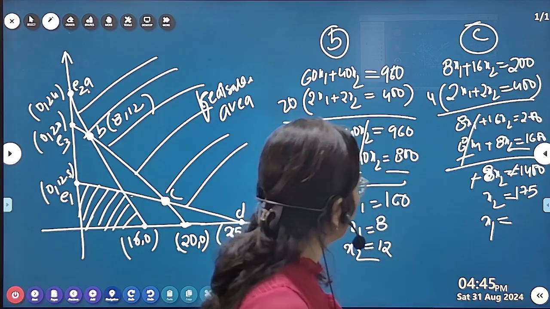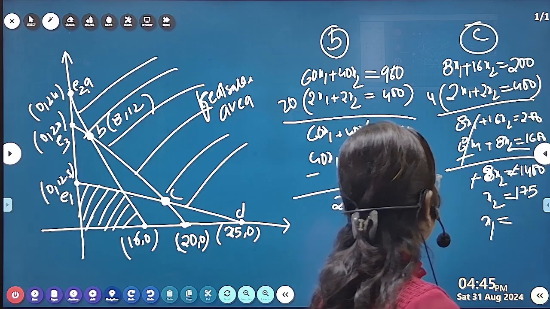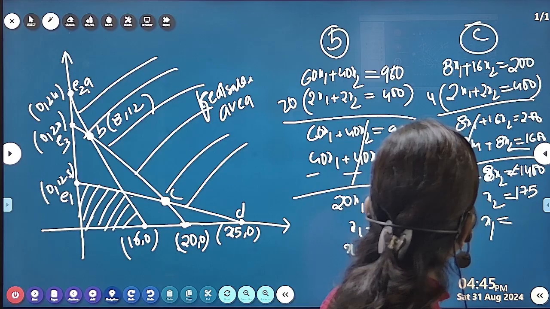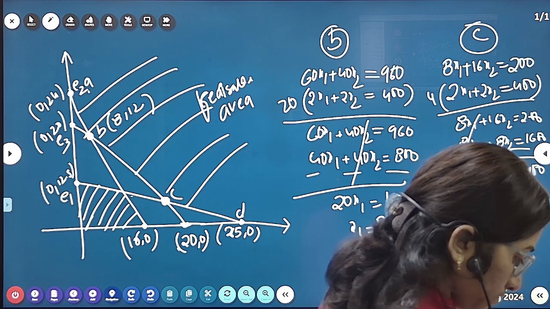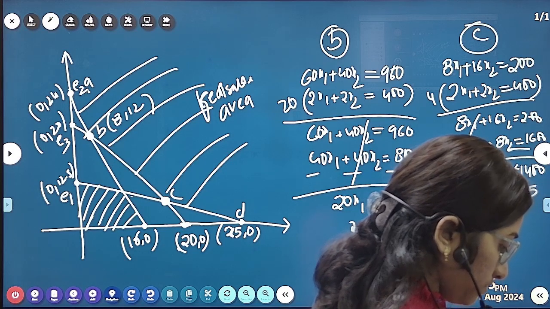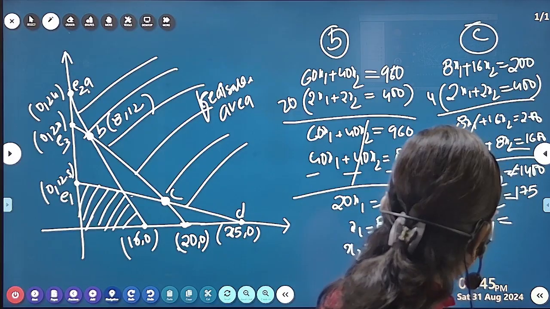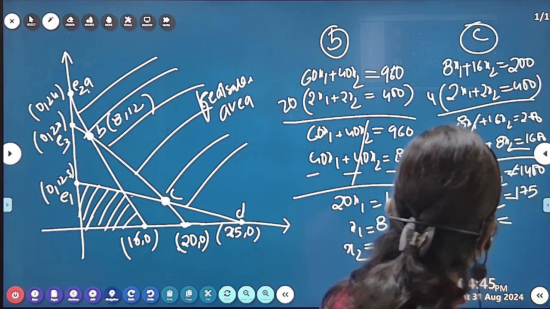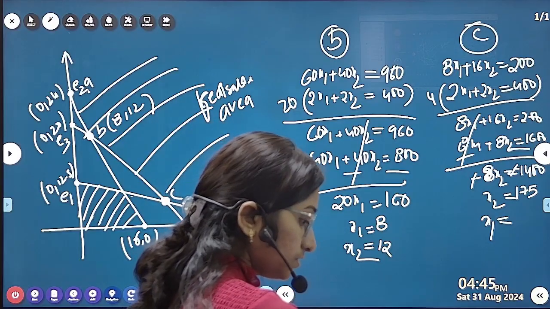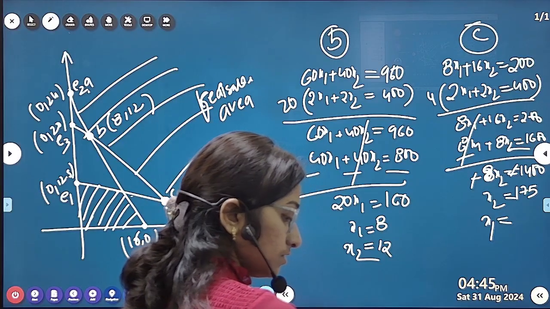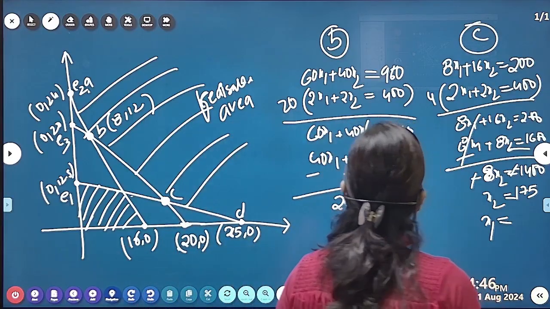Such a big number doesn't usually come. Actually, I got x1 as 15, x2 as 5. So how did you get such a big number? Ma'am, in the equation 2x1 plus 2x2 it will be 40. Okay, this is 40, right? Yes, this is 40.